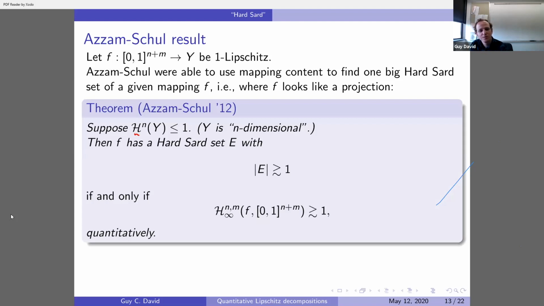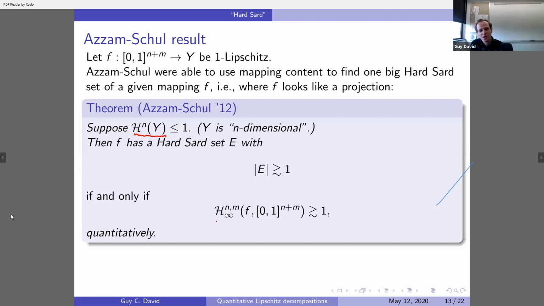So assume that your target space has controlled Hausdorff n measure. So controlled n-dimensional Hausdorff measure. This is what I mean when I say it's n-dimensional. Then you can find one of these Hard-Sard sets for your mapping, one of these sets where your mapping looks like a projection, if and only if this mapping content is positive.